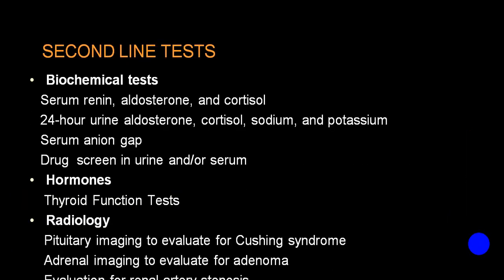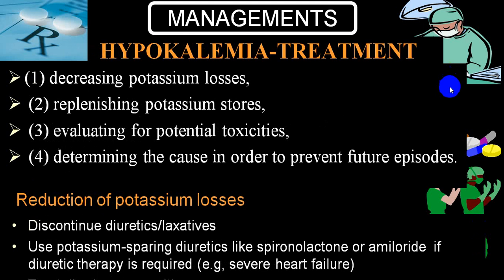As far as management of hypokalemia is concerned: one, decrease the potassium loss, replenish the potassium by either oral or by IV, evaluate the potential toxicity, and determine the cause in order to prevent future episodes.